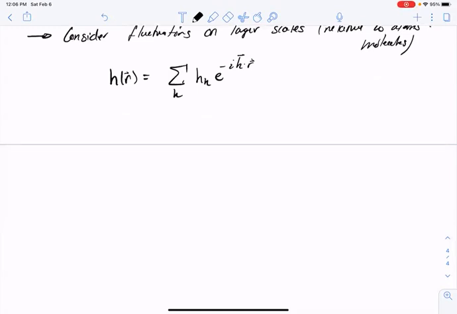That's the height field expressed as a sum over wave vectors. I can do the analogous construction of the chi matrix, the correlation function. It can be expressed in a Fourier series.